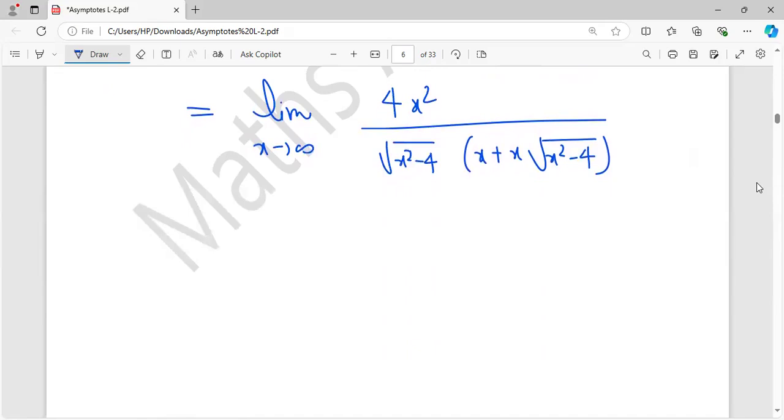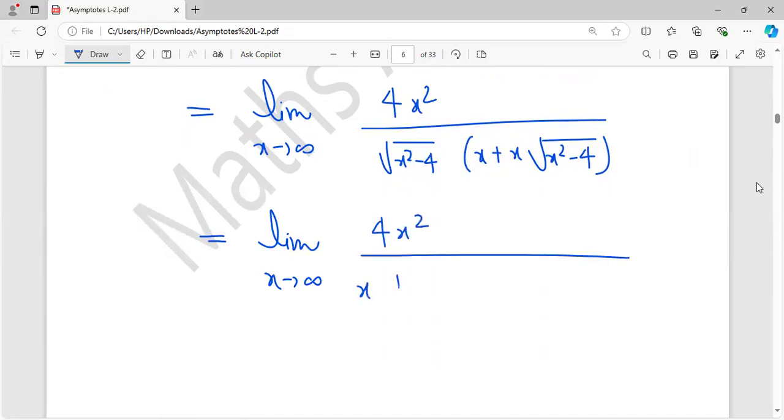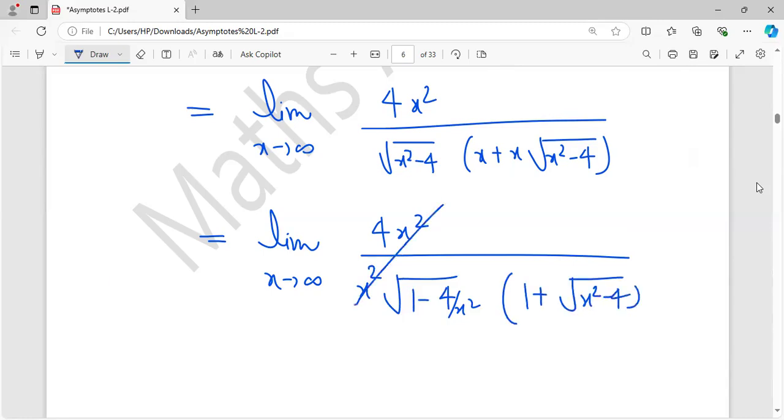Okay. So limit x tends to infinity 4x square. You take x common here, so there will be x square. So this cancels out. So limit.